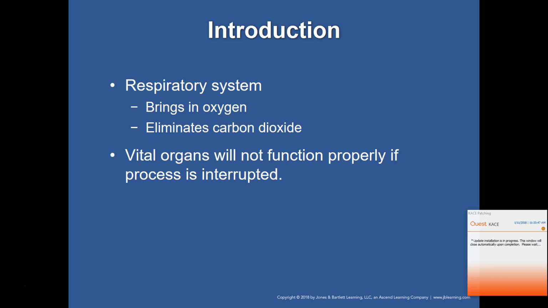I've included some of those videos of how that process works under the physiology section of those videos and articles. So feel free to refer back to those if you need a little bit of a refresher on how that gas exchange process works.